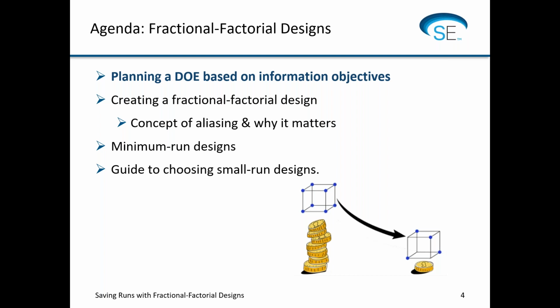But this will also cover the concept of aliasing, why we care about aliasing, and how to read those aliasing patterns. Those will all be done in basic regular fractional factorial designs. Then I'm going to move into demonstrating some minimum run designs that have partial aliasing in them, and we'll wrap it up with a recap of our guide to choosing these small run designs.